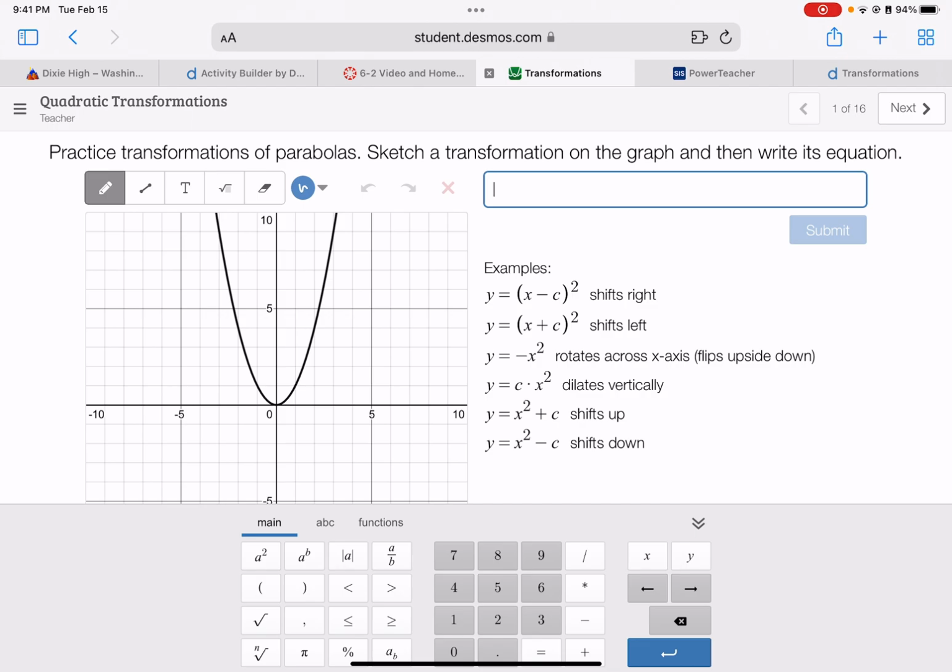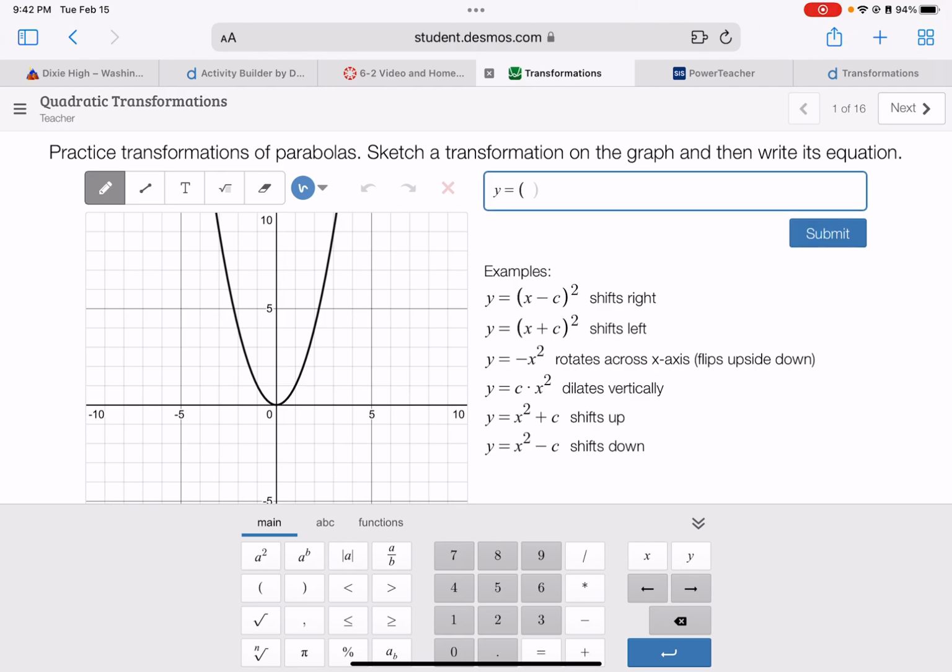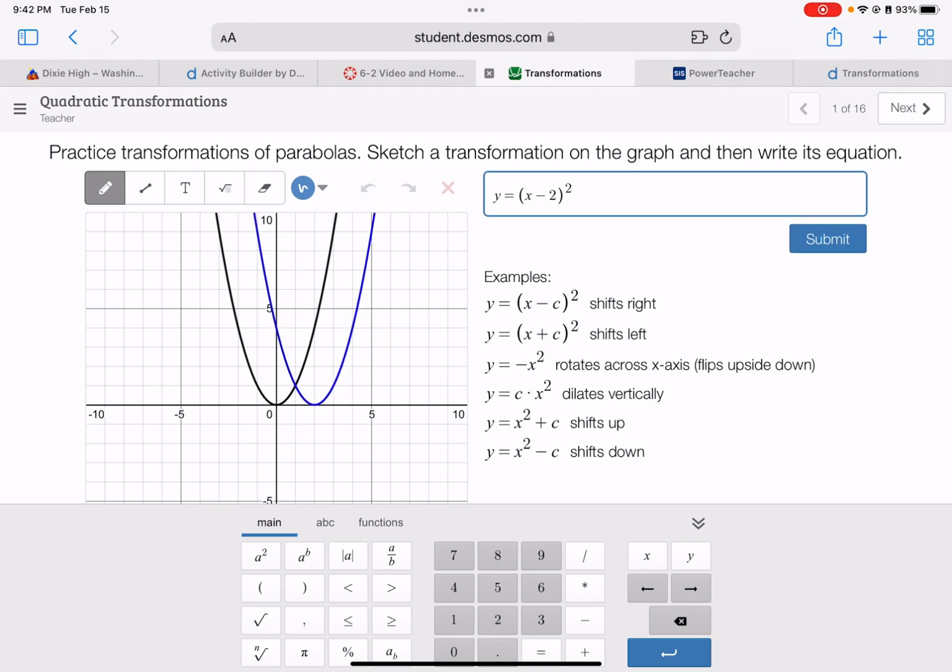So we'll put in y equals parenthesis x minus c, and c just means a number, so let's say 2, parenthesis squared. You can see the black parabola is our original parent function, and the blue one is this new one that we just created. The example says it shifts right, and as you can see it did.